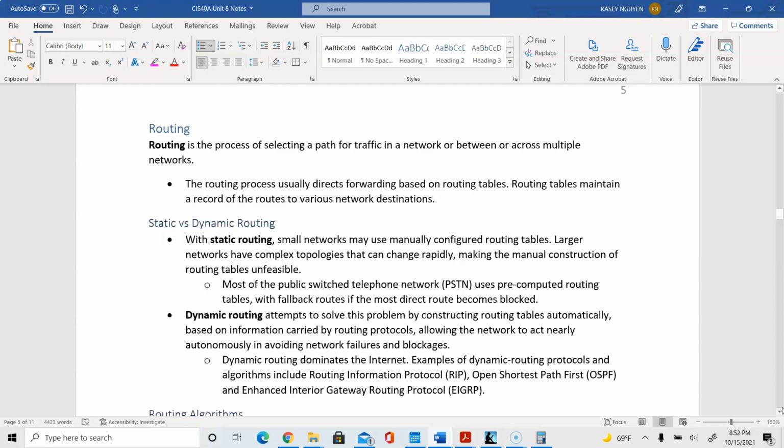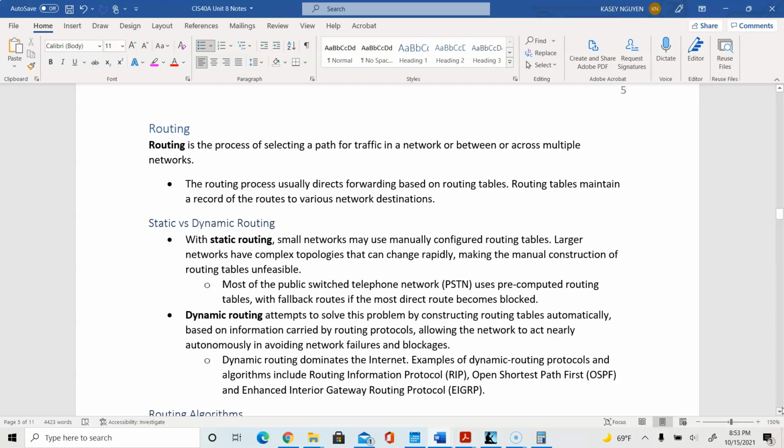You have the static route and you have the dynamic route. In small networks, we can configure the routing table by adding the static route. And in a larger network, especially if your topology is more complex, changing the routing table manually is unfeasible. So we would then use dynamic routing for the larger network.